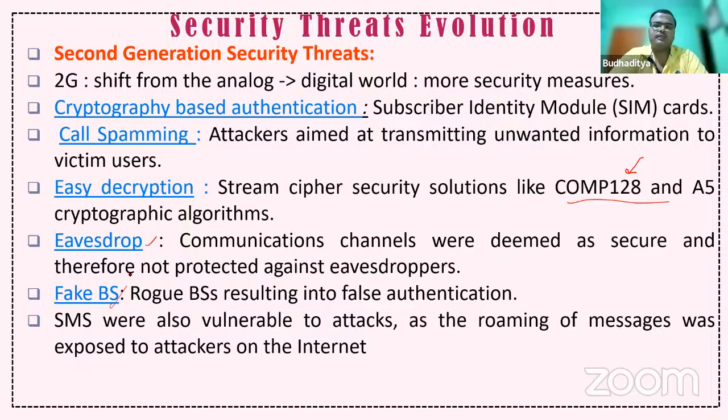The false base station can be considered an intruder. An intruder will know all the details about your phone. If it gets access to the phone, it can read anything that is there in your phone. So that was one of the major threat areas, a security vulnerability, that happened with the second generation of mobile communication.